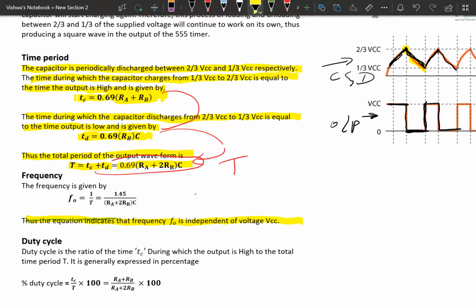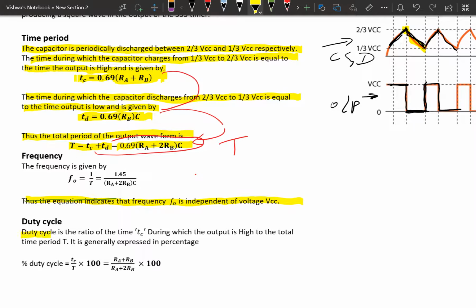Next, duty cycle. Duty cycle is the ratio of the time during which the output is high to the total time T. It is generally expressed as a percentage. Duty cycle means the time during which the output is high.